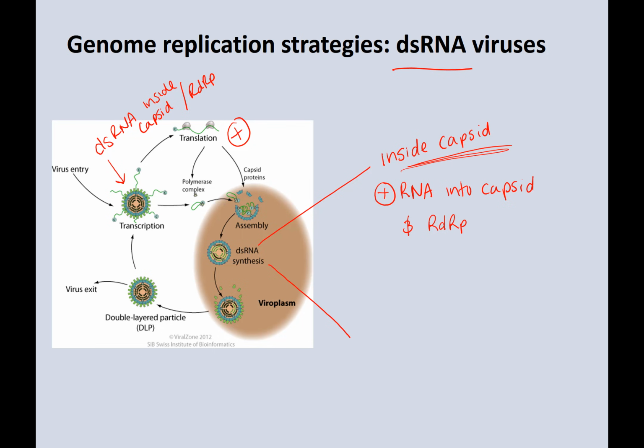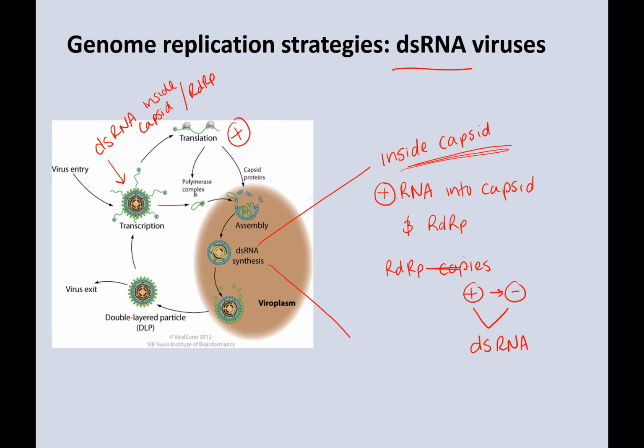And then inside the capsid, the RDRP copies the plus to a minus, but they stay together to make double-stranded RNA. So it's not plus to minus, minus to plus, back and forth.